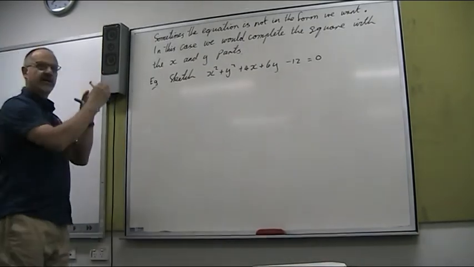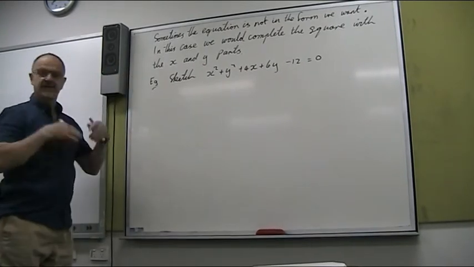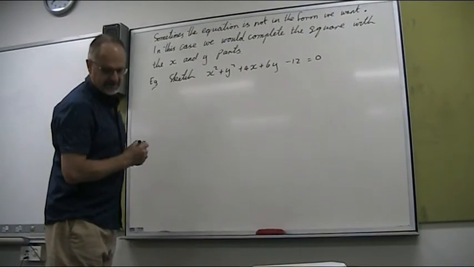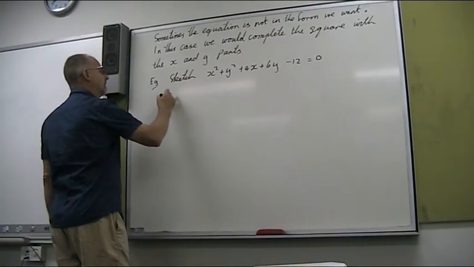We need those brackets which are squared, so then we can find out our centre, and then we can find out our radius. So we need to complete the square.